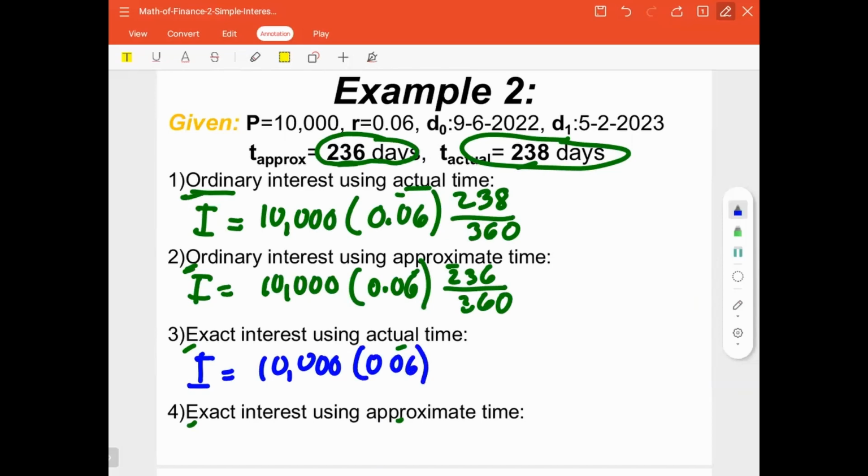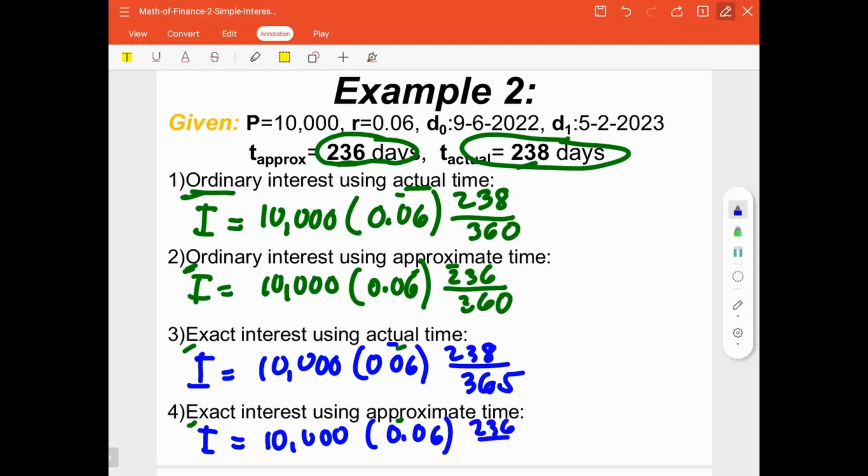And now the actual time is 238, but this time the denominator is 365, right? And similarly for the fourth one, exact interest using approximate time, we'll just have the approximate time here, which says 236, so that will be 236 divided by the same 365 because this is exact interest.